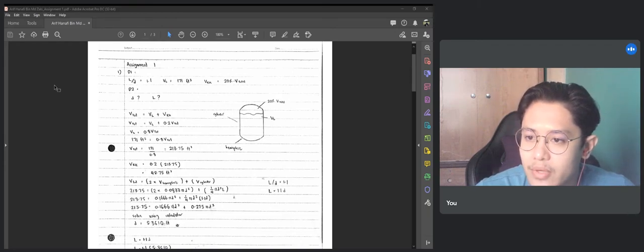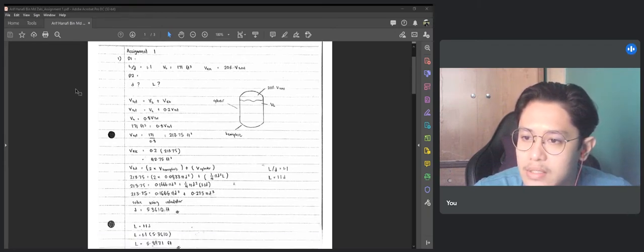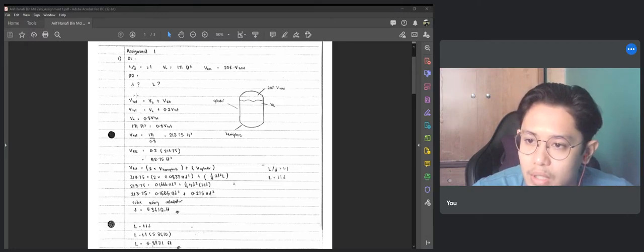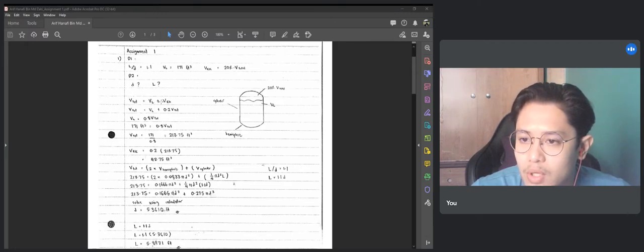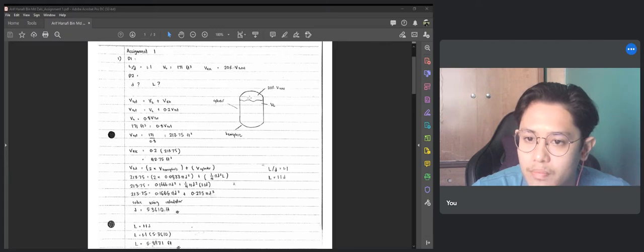So the first step we need to calculate is the volume total equal to volume liquid plus the volume of ruang kosong. Volume ruang kosong equal to 0.2 times volume total. Then we get volume liquid equal to 0.8 volume total.